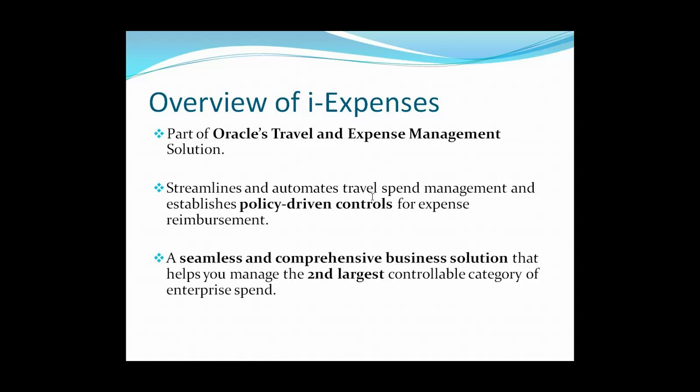And it is a comprehensive business solution because every feature which we would expect a world-class travel and expense management solution to have is available in this iExpense module. This module can really help us in managing travel related expenses, which a research says is the second largest category of spend in any corporate. Go to the next slide.